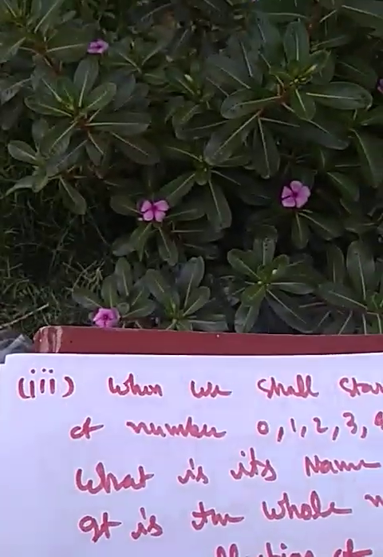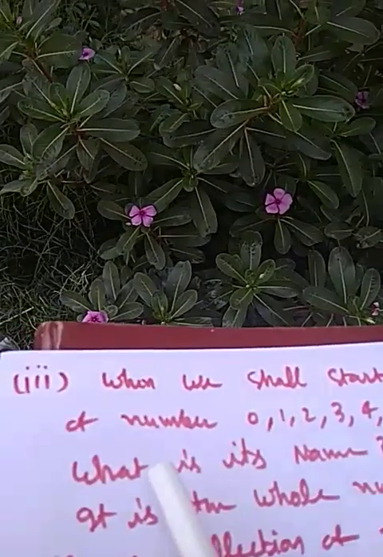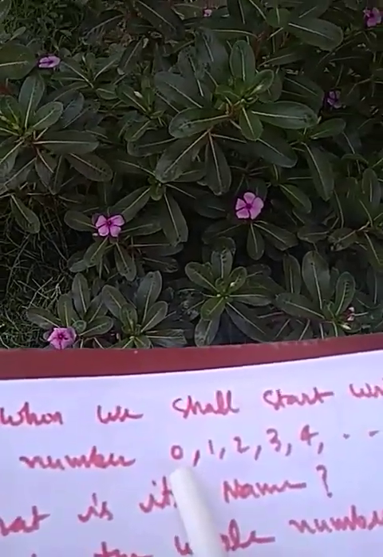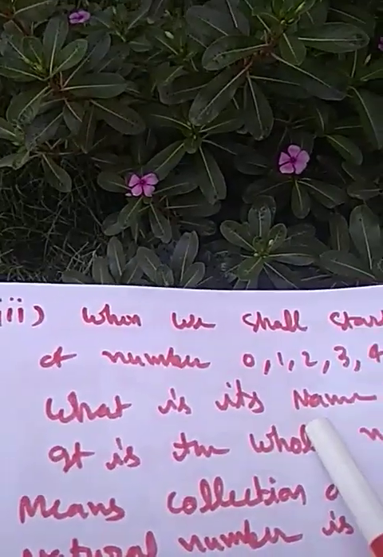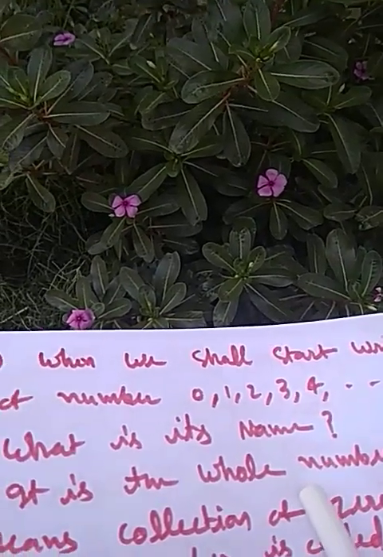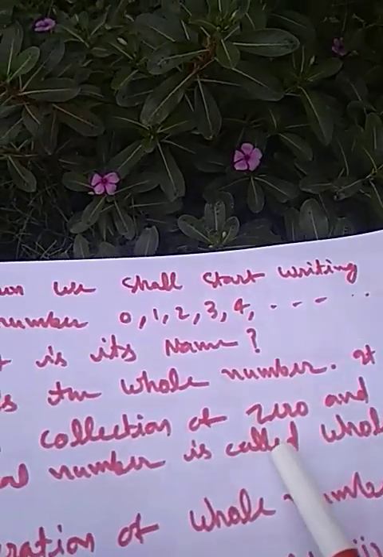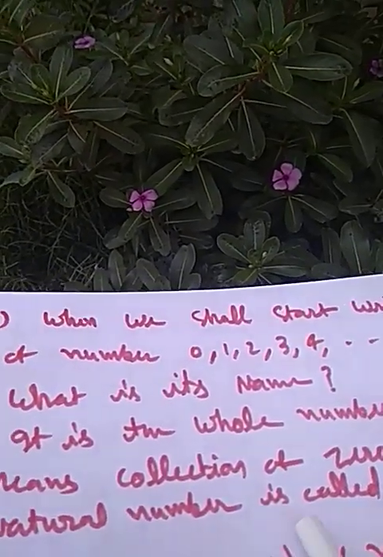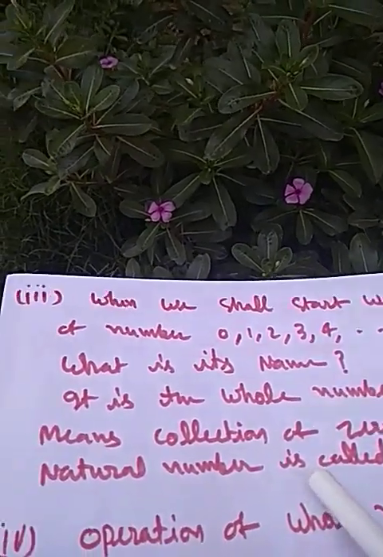Now next thing is when we start writing the numbers with 0, 1, 2, 3, 4 and continue it, then what will be its name? It is the whole number. Whole numbers mean the collection of 0 and natural numbers. It is called the whole number. Means whole number is the collection of 0 and natural numbers.